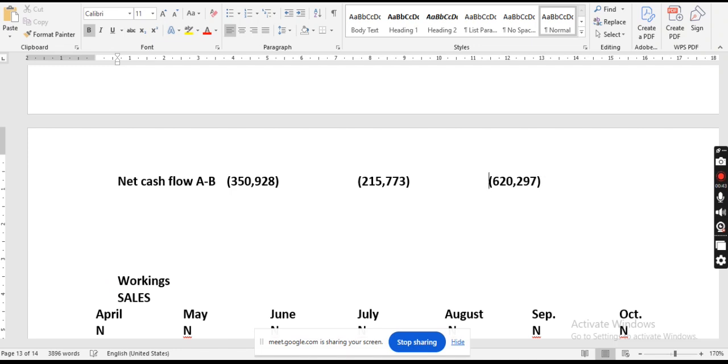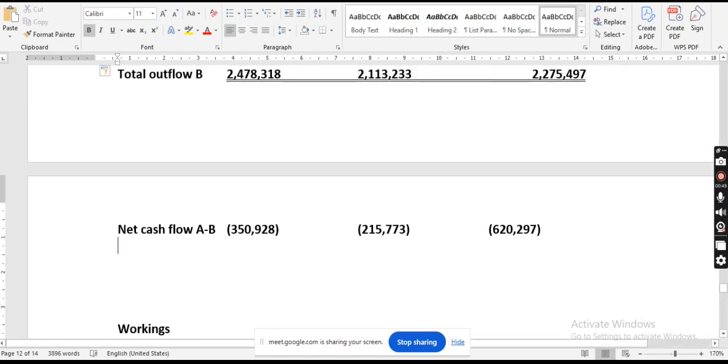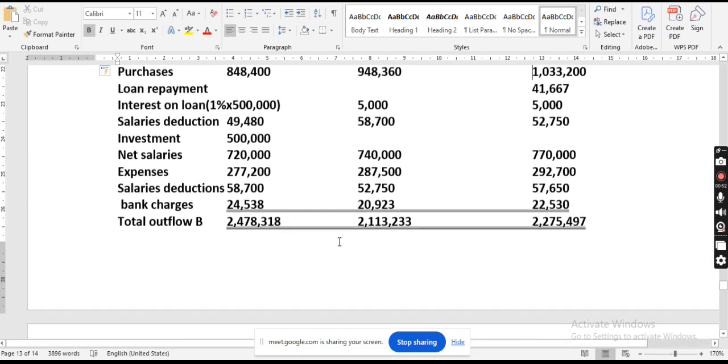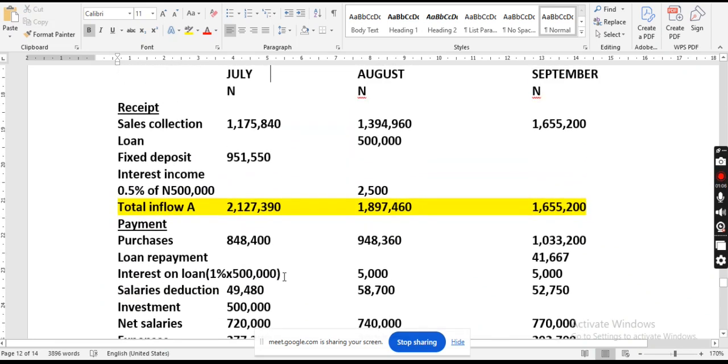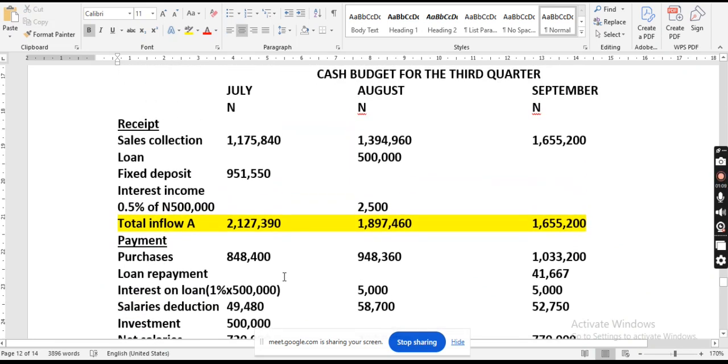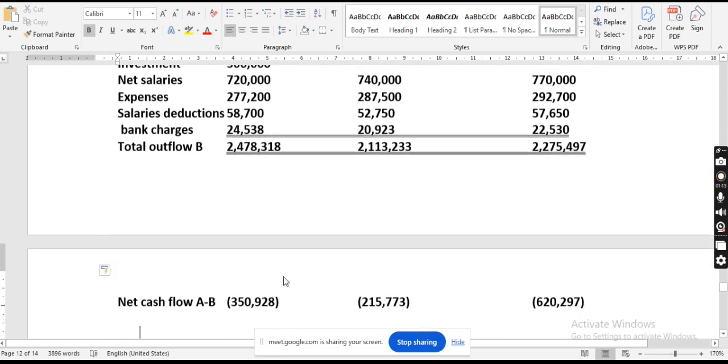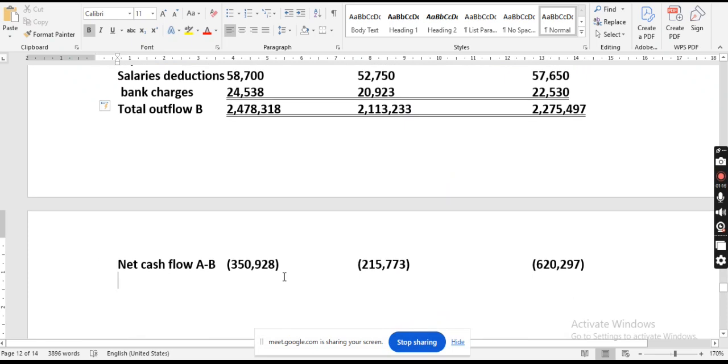Please, you need to go and confirm these figures again. Someone should confirm all these figures by adding them. If we have the same thing, then when you are doing your personal study, you can revisit it and calculate it again. There may be a mistake in the process of getting the figures.